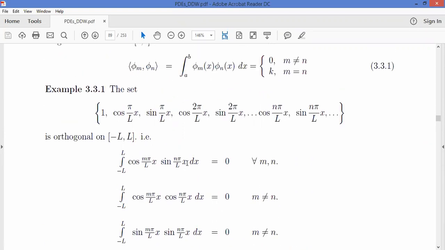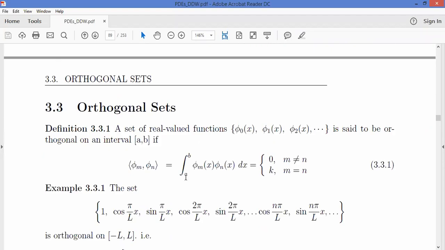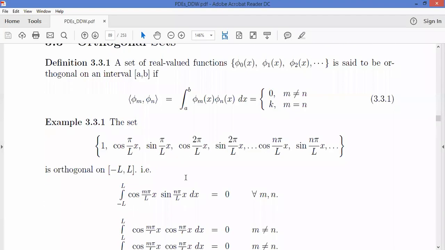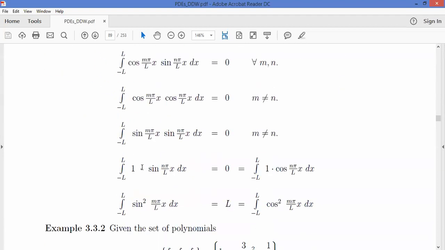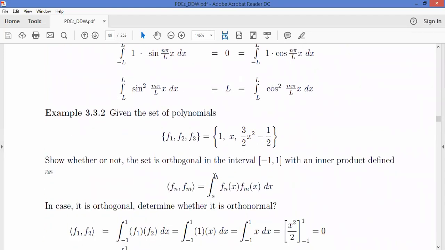But here we just want to illustrate, if you are trying to compute the inner product of an orthogonal set, what would happen within that given interval. Here we are looking at it in terms of full range with respect to odd and even, but for illustrative purposes, we can now look at this here.